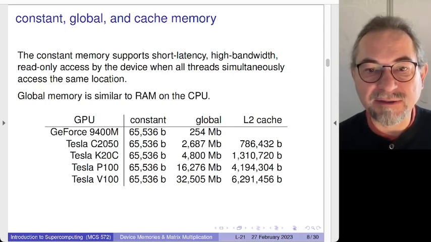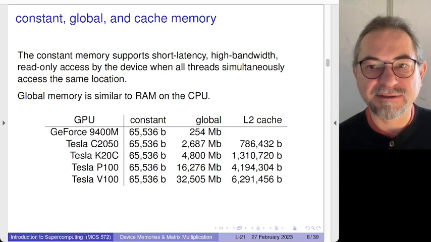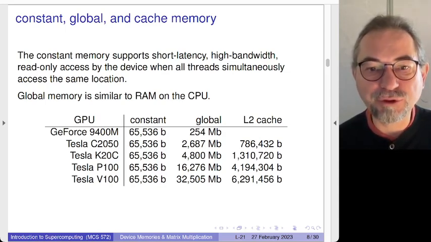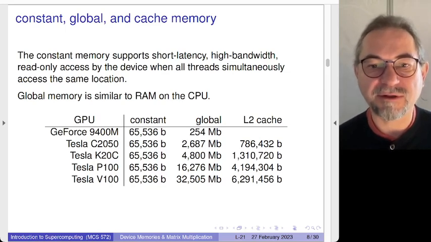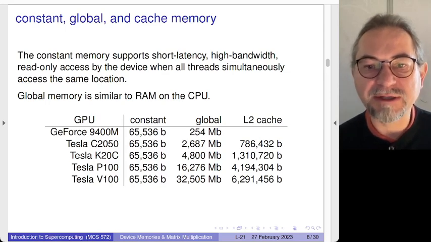So you see that we are still very pressed in memory, but in the evolution of the graphics card, starting from the Tesla C2050, then the Kepler, the Pascal, and the Volta, you see that the memory actually doubled.